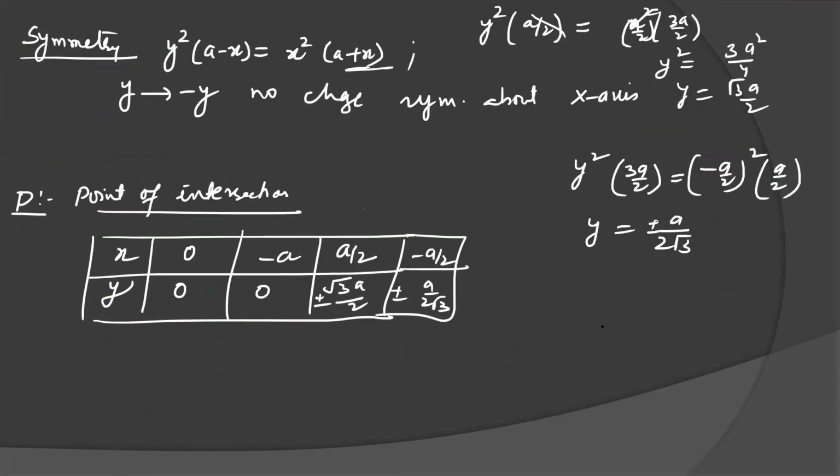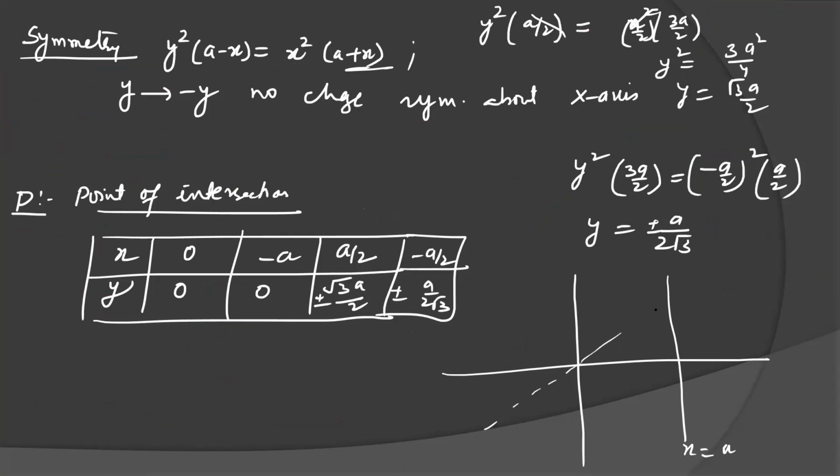I am again making the curve better here. Sorry, this is an asymptote. The line y equal to x is one tangent, and y equal to minus x is another tangent. Here the curve is lying below the x-axis and the origin is a tangent, but here the curve is above the tangent.